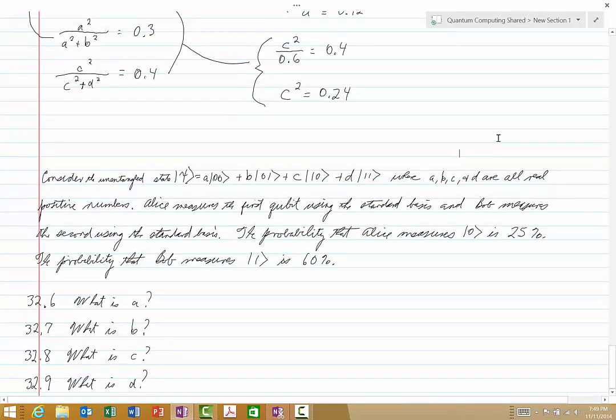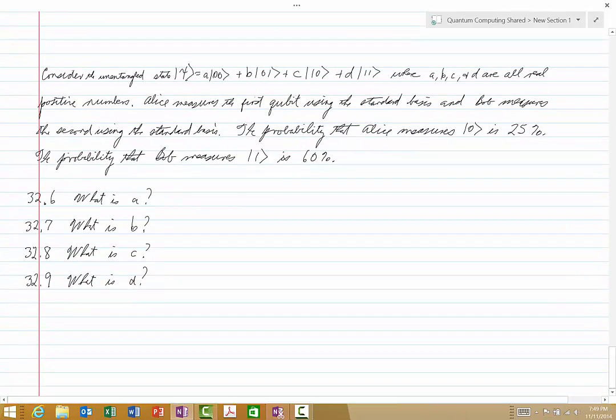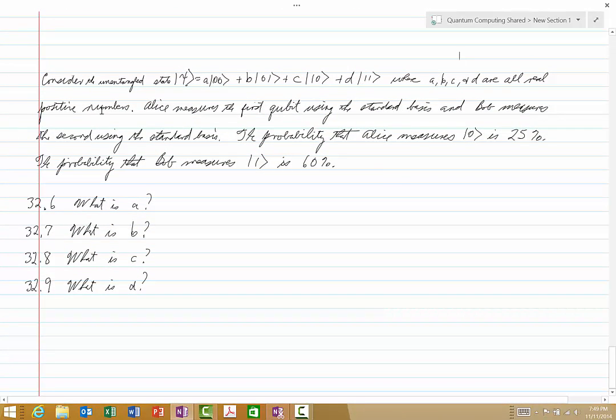So here is the second situation we considered on test 32. And here we are explicitly told that in this second situation, the state is unentangled. And the state is given by the same expression as we had before, where again A, B, C, and D are all real positive numbers, and Alice measures the first qubit with the standard basis, Bob measures the second with the standard basis, so all of that is the same.